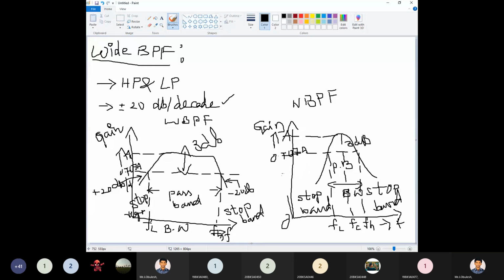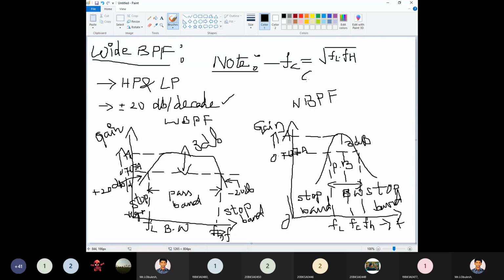Keep note: for the wide band pass filter, cutoff frequency FC is equal to the square root of FL into FH.